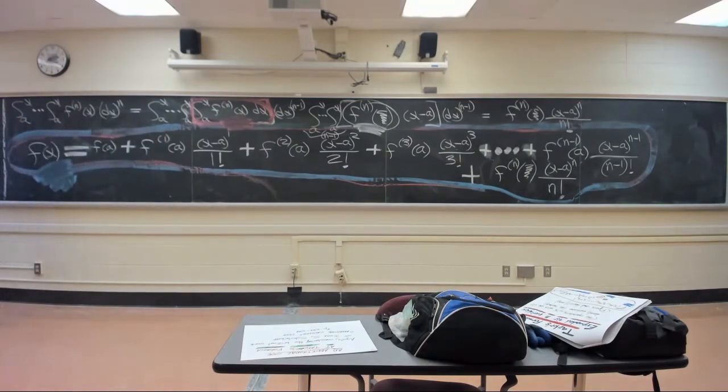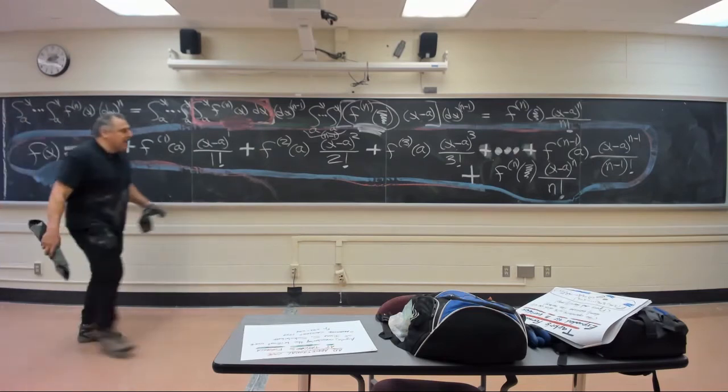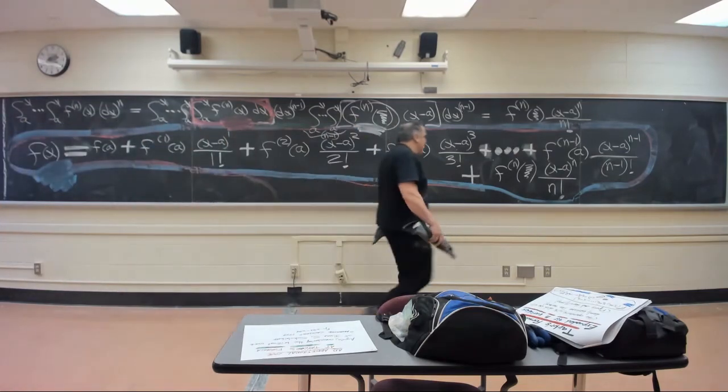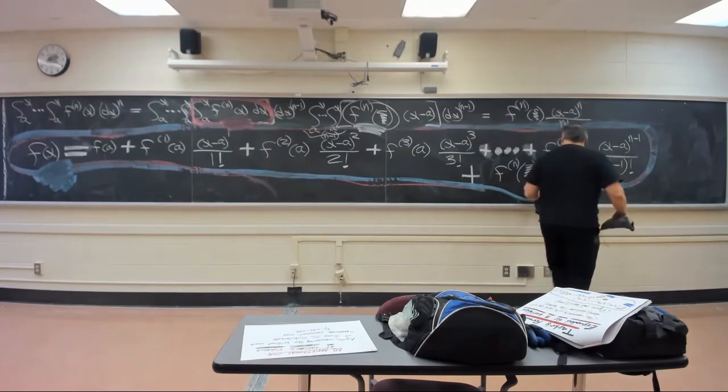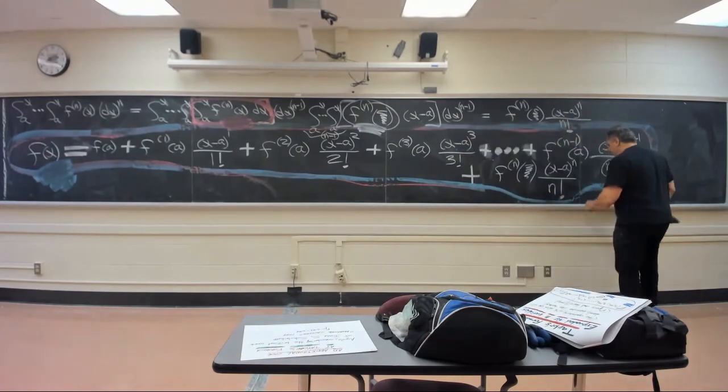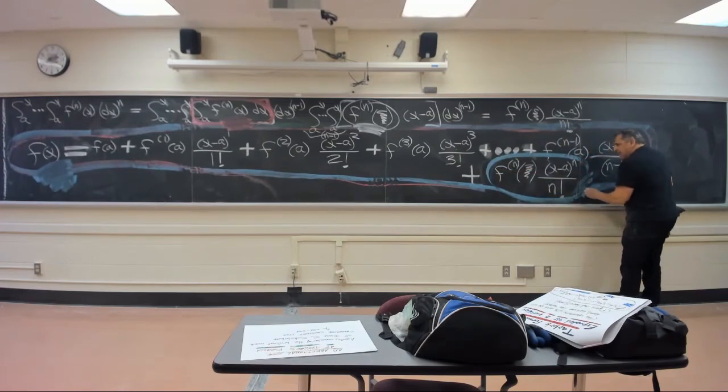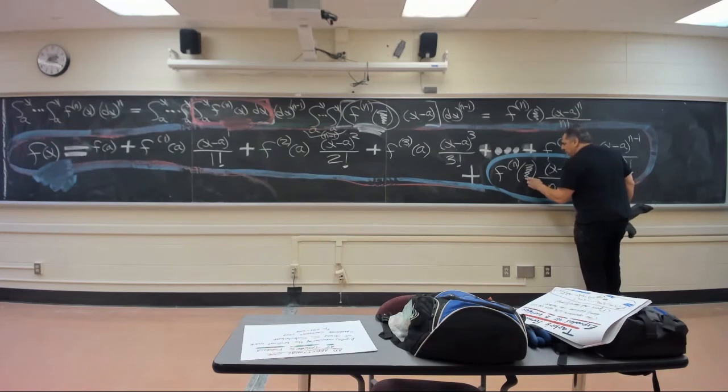So we did this. I'm dying to verify that this is the way it is. We'd really like to see that that's actually true. This is from the mean value theorem applied to the function, the nth derivative of f.